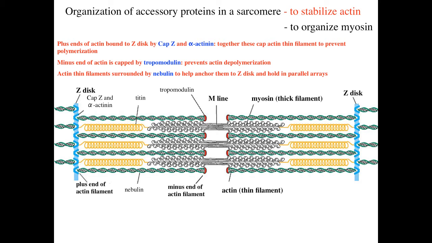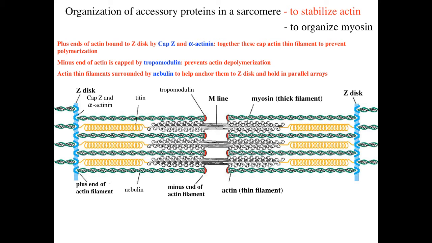The minus end of the actin filaments is towards the M line, and it is capped by tropomodulin. And tropomodulin is there to prevent actin depolymerization. So these CAP-Z, alpha-actinin, and tropomodulin molecules are essentially functioning to stabilize actin.